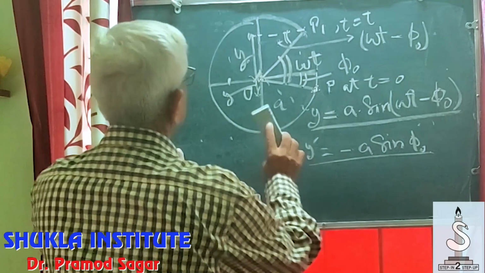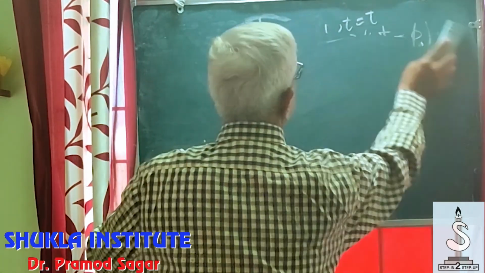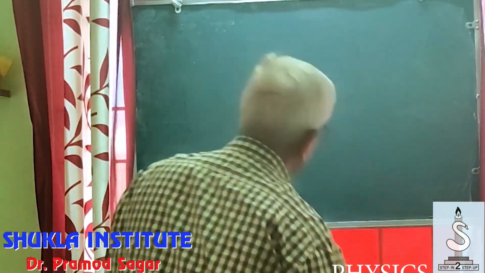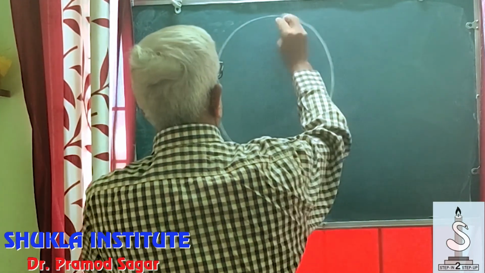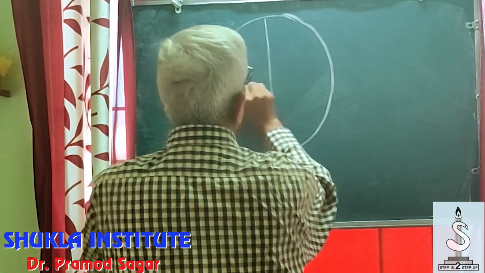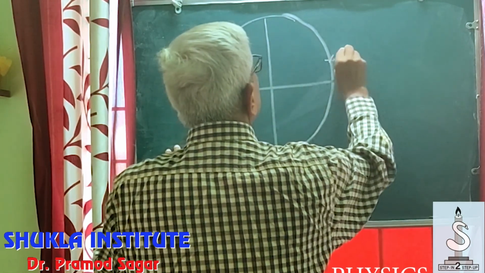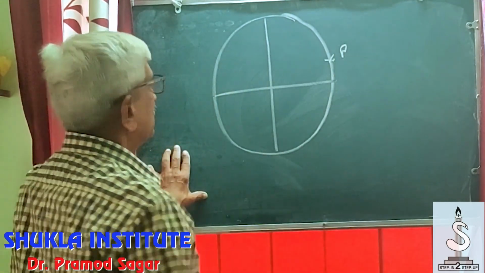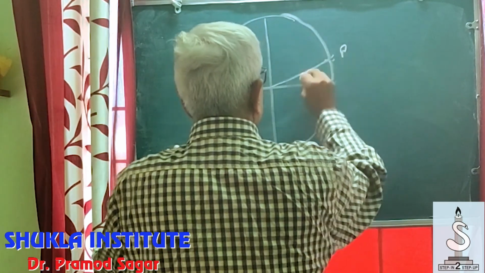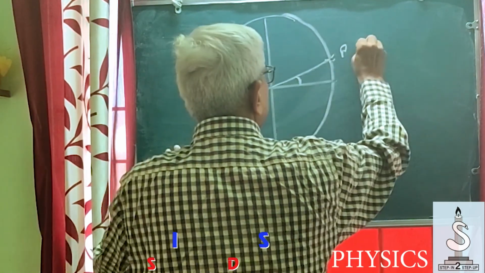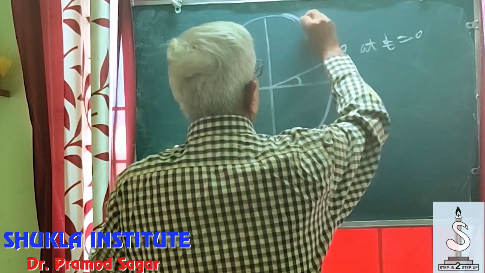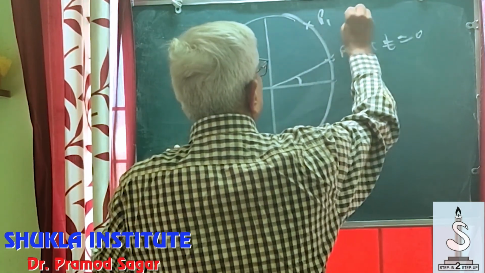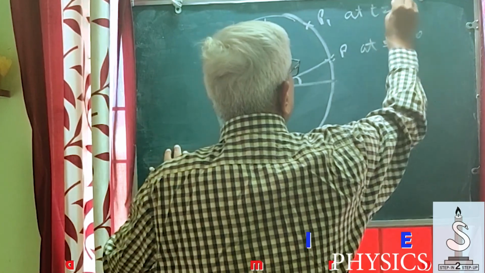This could have happened the other way around also. Let's look at it. Particle is here, and in this case already at t is equal to 0, and it moves to P1 at t is equal to t.